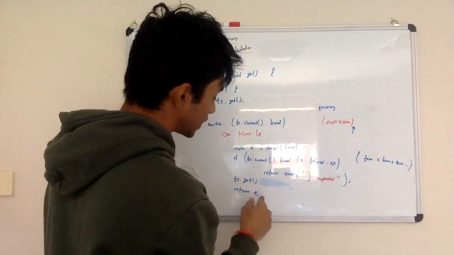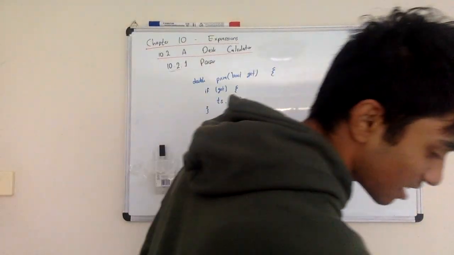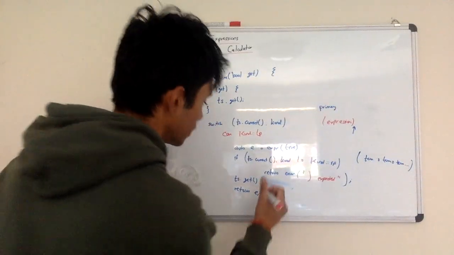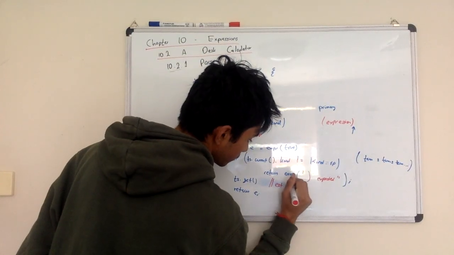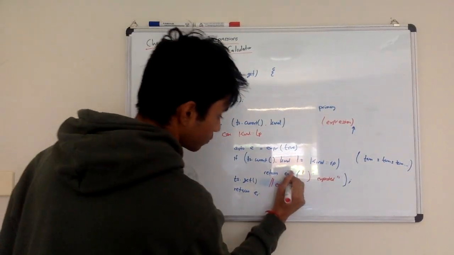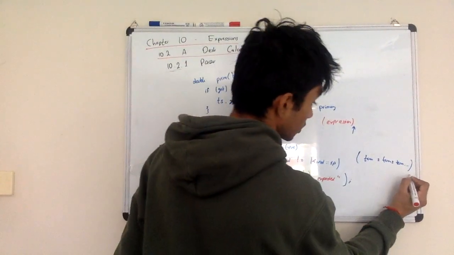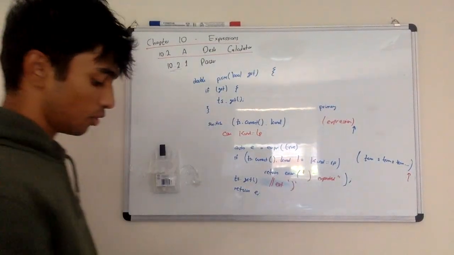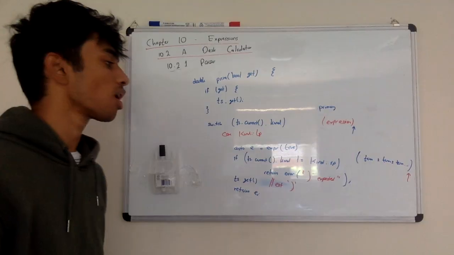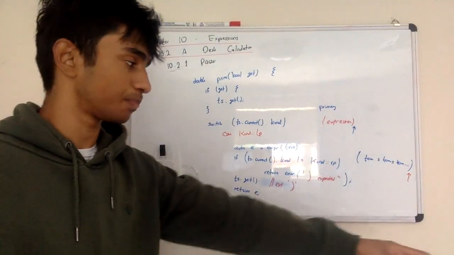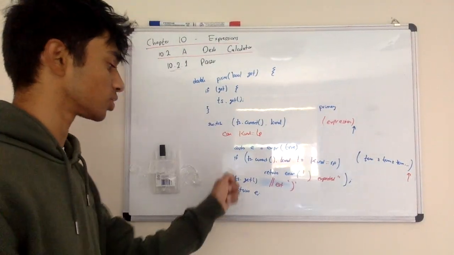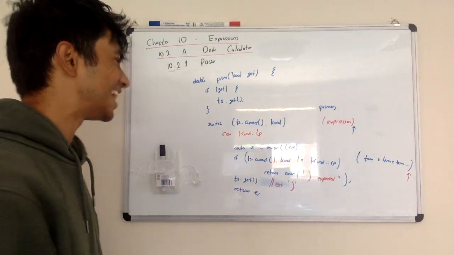And the reason why we do ts.get again is basically to eat the right parenthesis, get rid of it from our input. Right now our current is here, like we talked about, but we don't want it to be there anymore. We'd rather go across to the next token, so we call ts.get to get rid of it.